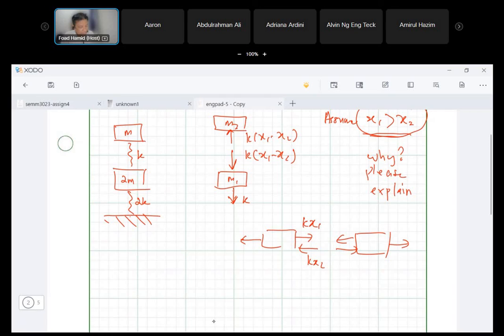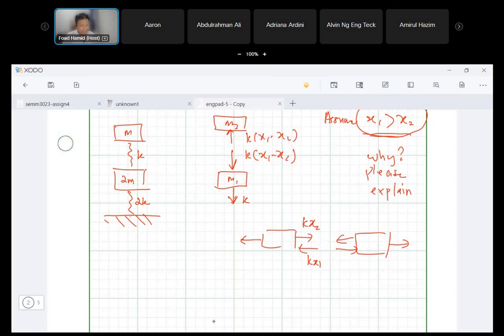Can it be the other way around? How do you determine that direction here? How do you determine that direction? So for those, even though you got maybe 10 over 10 for this assignment, please think about this.